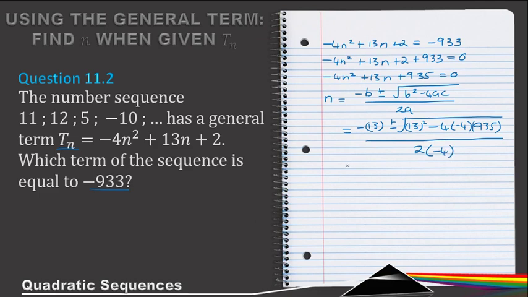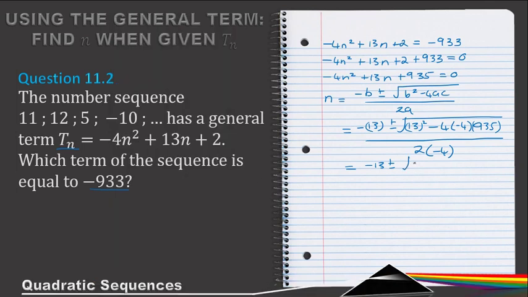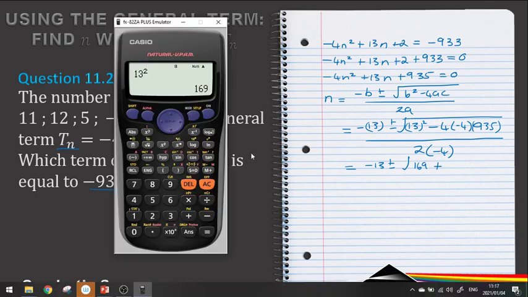All right, I'm just going to simplify it before I type it into the calculator. 13 squared is equal to 169. And a minus and a minus is a plus, and then 4 times 4 times 935 is equal to 14,960.